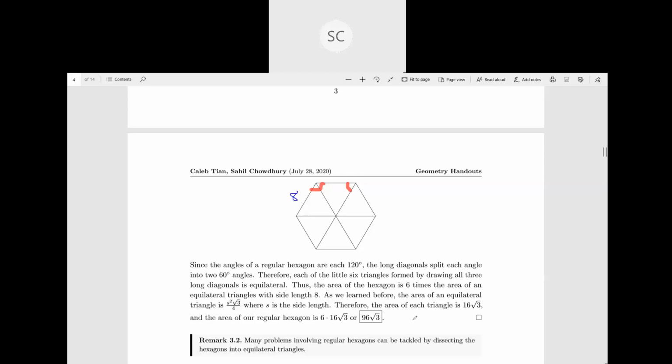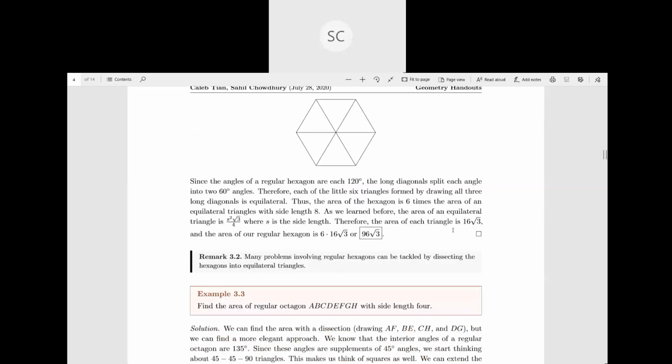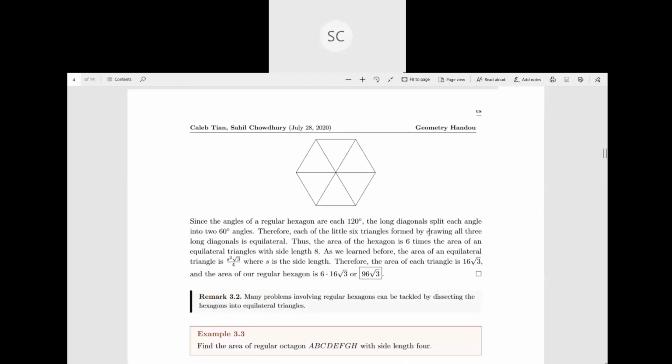If I look at one vertex, I can't go to itself, and I can't go to the next adjacent vertices, because otherwise that diagonal would really just be a side. So for each of the n vertices, I can go to n minus 3 diagonals. But you have to be careful here because you overcount by 2.